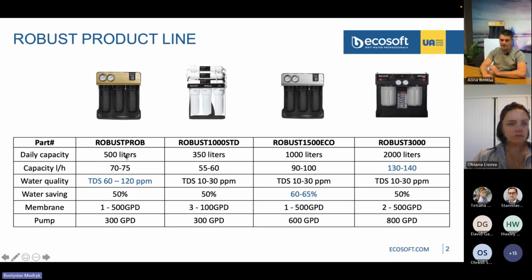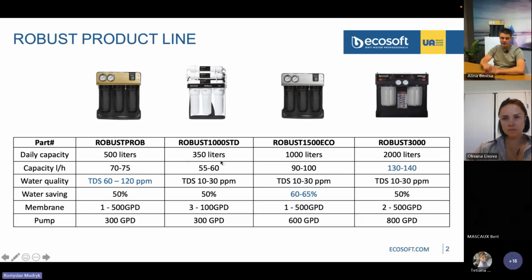Secondly, there is a difference in capacity. The Robust Pro is very good for production. We recommend these units for 500 liters daily consumption, and the capacity is 70 to 75 liters per hour. Then we have the Robust 1000.